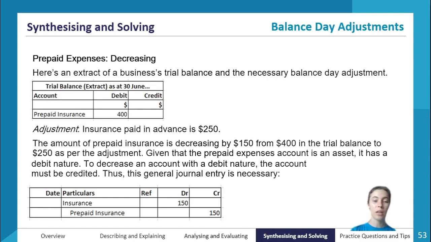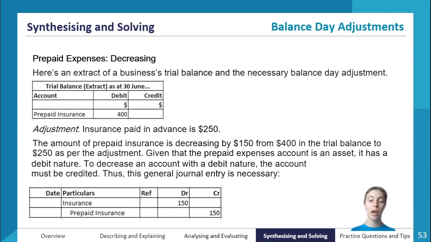The adjustment is insurance paid in advance is $250. So the amount of prepaid insurance is decreasing by $150, because the original trial balance shows it to be $400, but it's found that it's actually supposed to be $250 as per the adjustment.